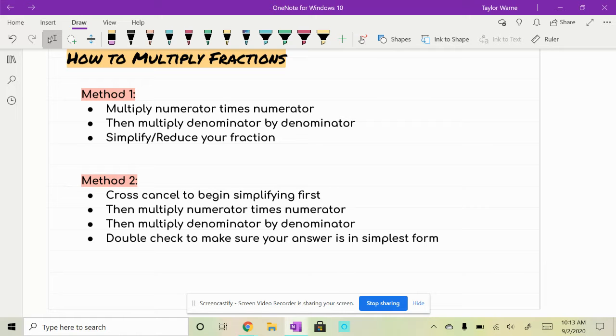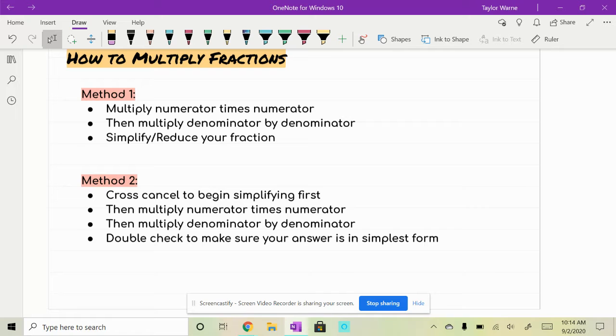So in both methods, you are multiplying straight across, your numerator multiplied by the numerator, and your denominator multiplied by the denominator. So in method one, you just start off with that right away, and then you check at the end to see if you can simplify or reduce your answer. In method two, you actually begin to simplify your answer first using a method we call cross-canceling.